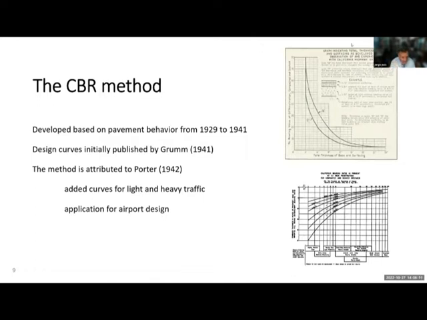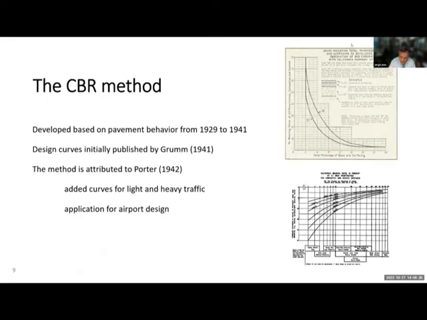It was firstly published by GUM, but the method that we know is from Porter, who added to the original method the curves for design for light and heavy traffic, and mainly for design of airport pavements.